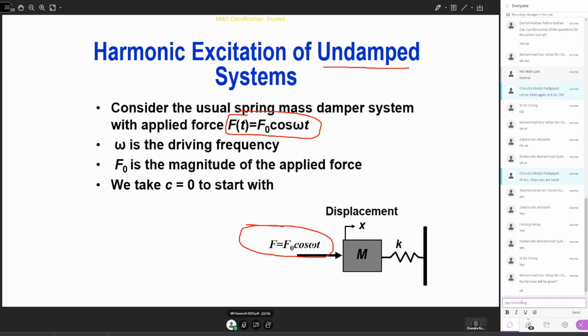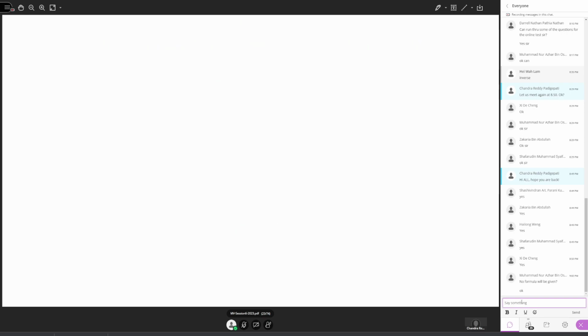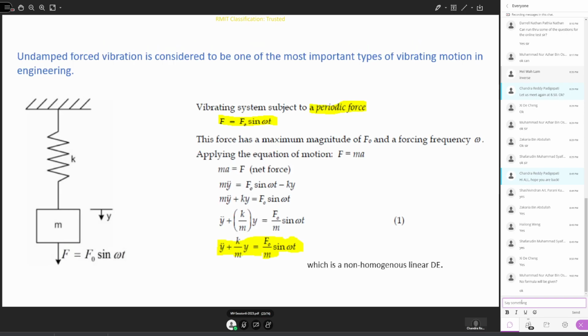That means the force will have a magnitude of f naught, and the force also has a frequency omega, which is known as the driving frequency. In this case there is no damper, so c is equal to 0. For the analysis of the system, you can just follow the learning guide. We have the damped forced vibration like this.